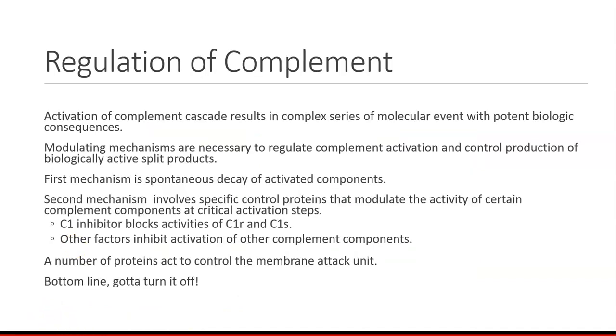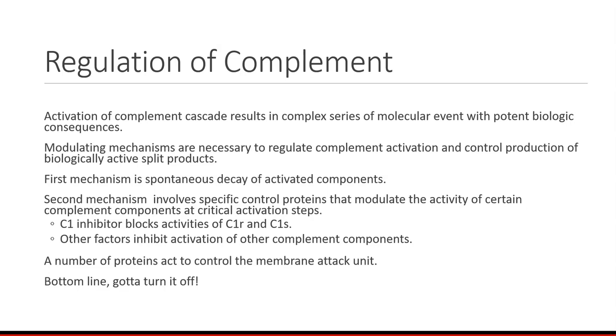Regulation of complement is very important. The activation of the complement cascades results in a complex series of molecular events with potential biologic consequences. Modulating mechanisms are necessary to regulate complement activation and control production of biologically active split products. The first mechanism is the spontaneous decay of activated components that are not involved.